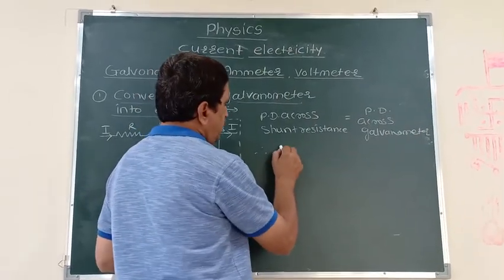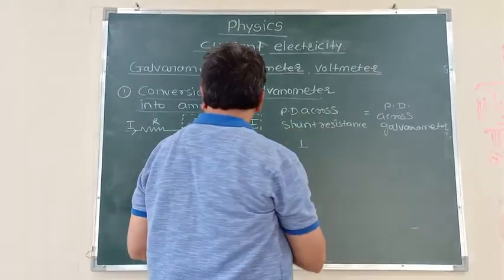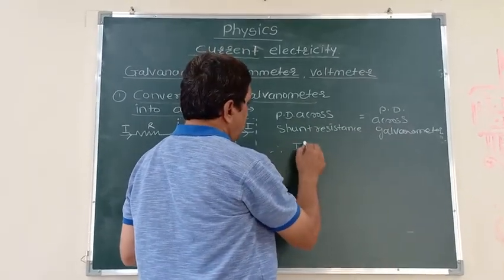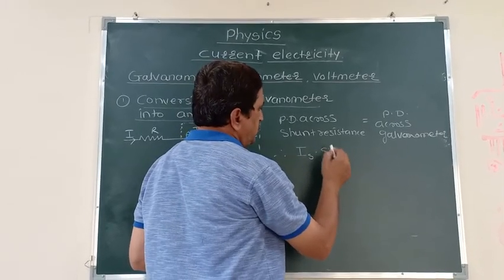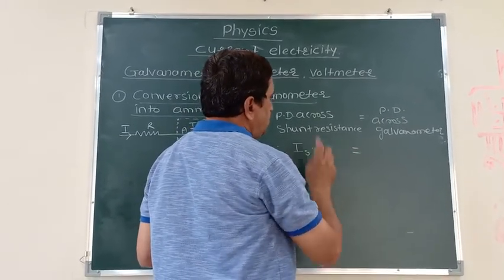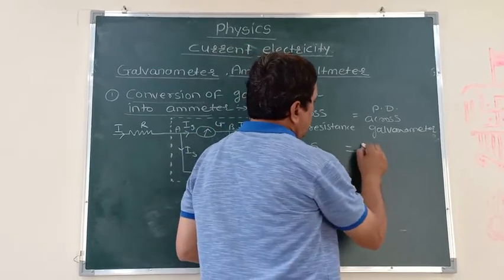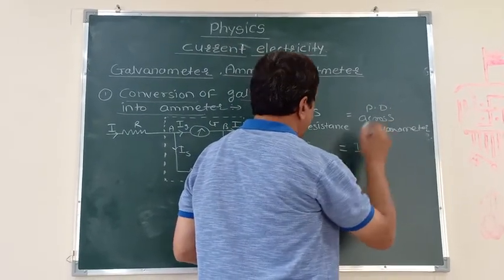Therefore, we can write the potential difference across the shunt resistance, that means the product of the current flowing through the shunt into the resistance of the shunt, Is into S is equal to Ig into G.